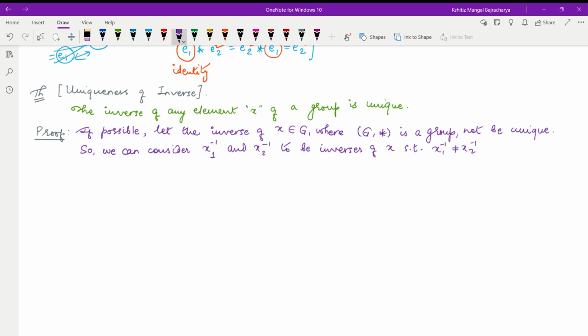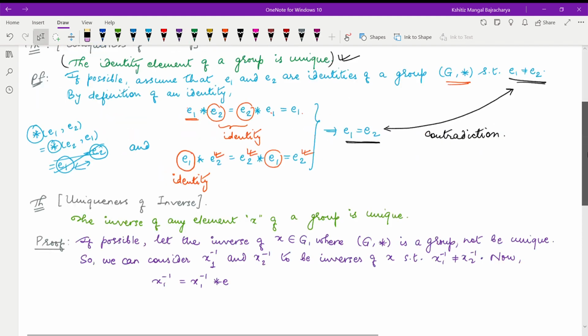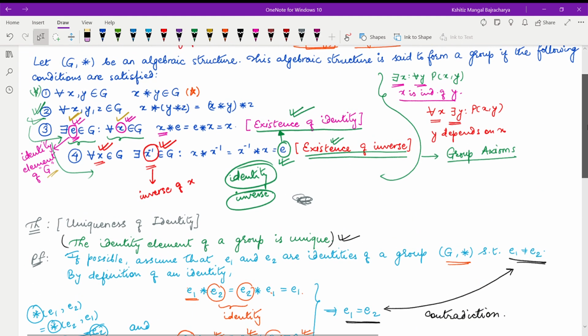All right. Now let's see. x1 inverse can be written as x1 inverse star E, because all the elements we've considered so far in the definition are elements of the constituent set G.